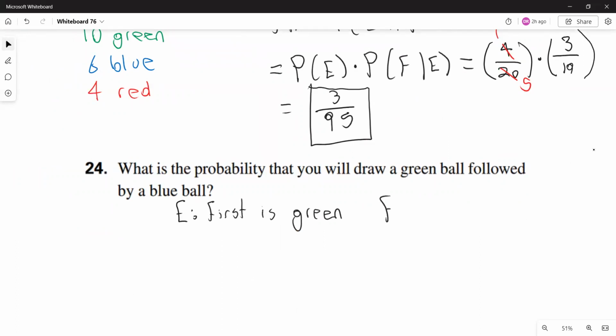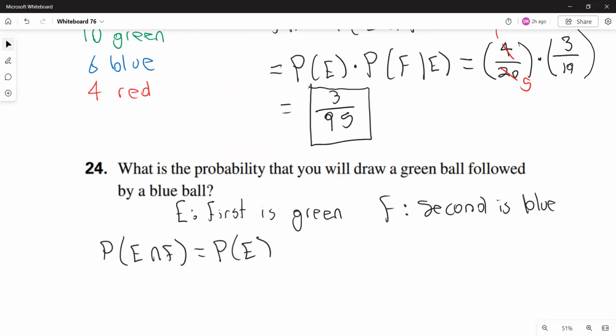And event F, the second one is blue. So the probability that the first is green and the second one is blue is going to be the probability that the first is green times the probability that the second one is blue, given that the first one is green.